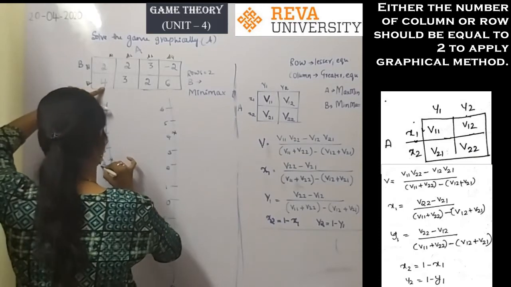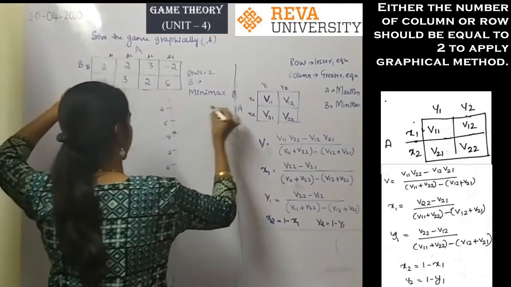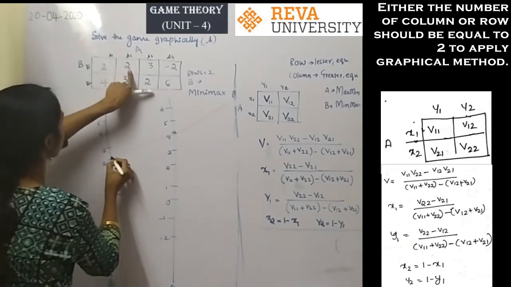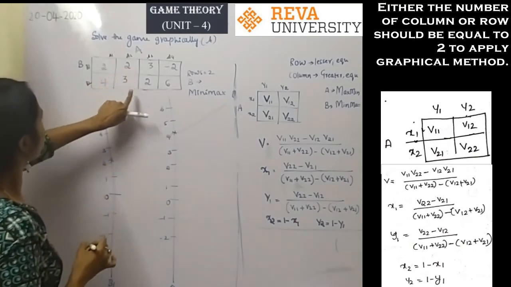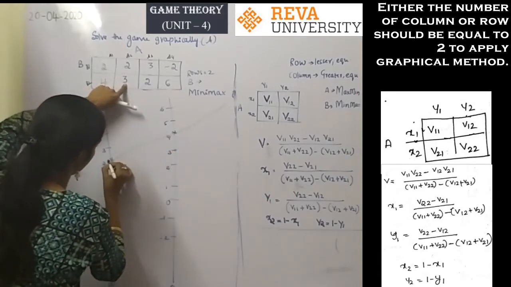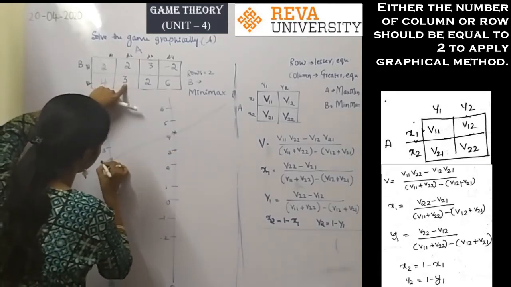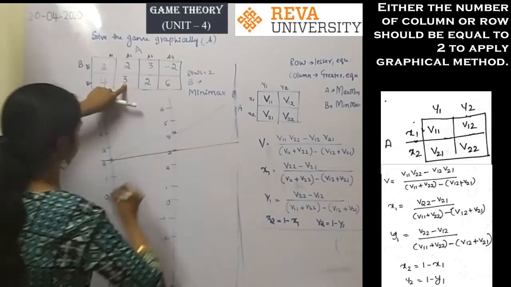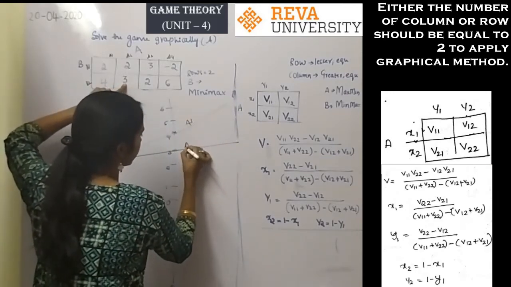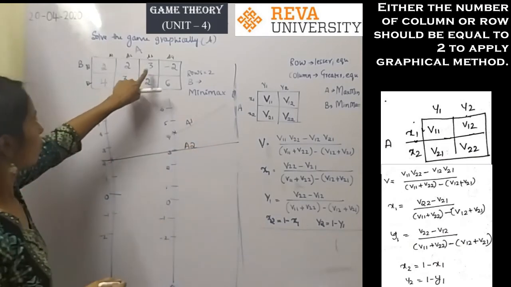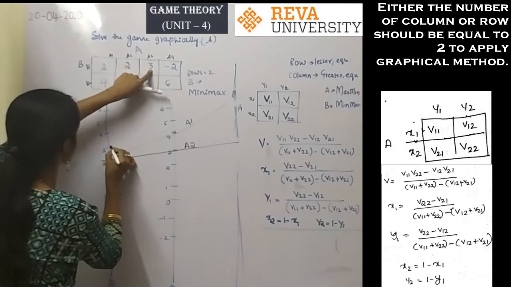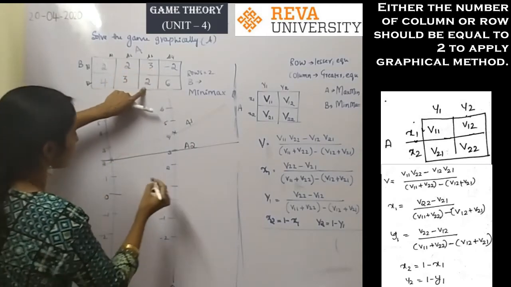So, join this line. Then, B1 is 2 again, and B2 is 3. So, this represents line A1. This represents A2. Then, B1 is 3 and B2 is 2.